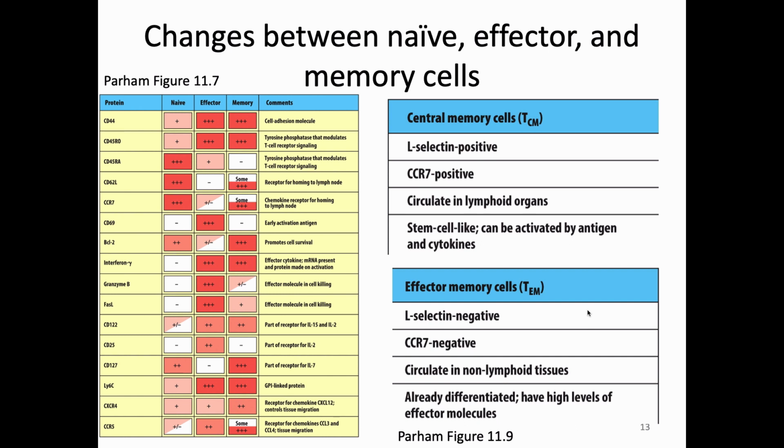The central memory cells are going to be in the lymphoid organs. The effector memory cells will be in the periphery. In fact, we can distinguish them based on whether or not they have trafficking markers like L-selectin and CCR7 that allow cells into the lymph node. Central memory cells go to lymph nodes, whereas the effector memory cells do not. And so we can see even further subsetting between all of these cell types.